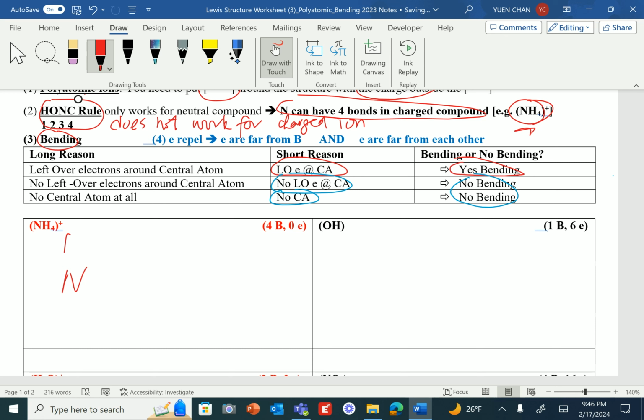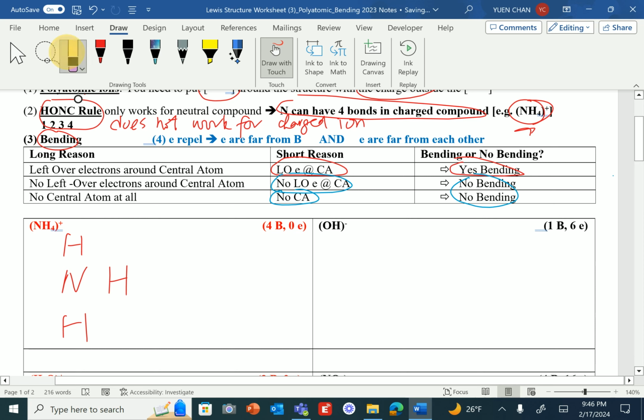So for the cross shape, I will write H like this. Maybe I should draw it closer.